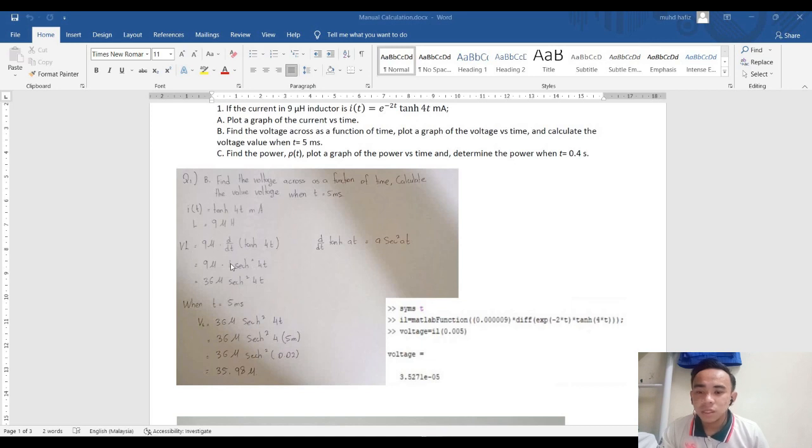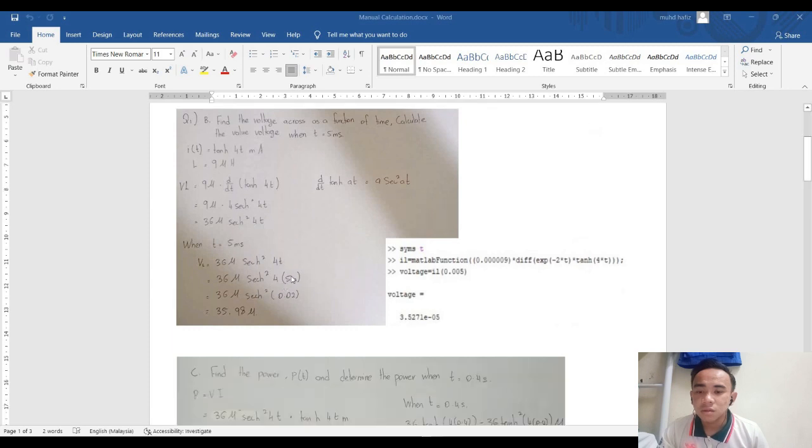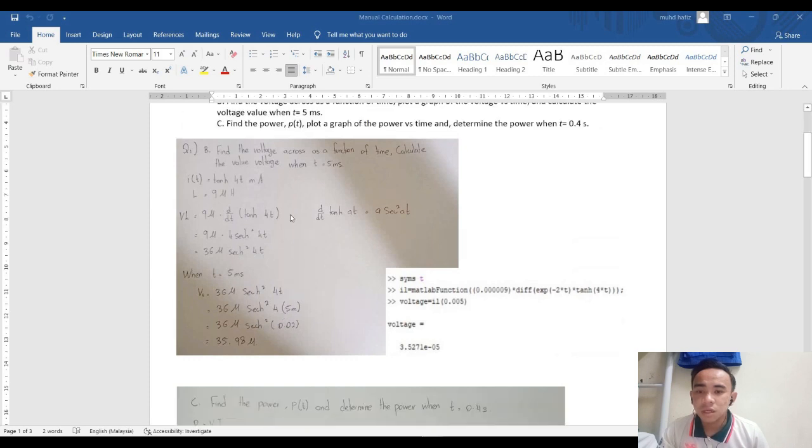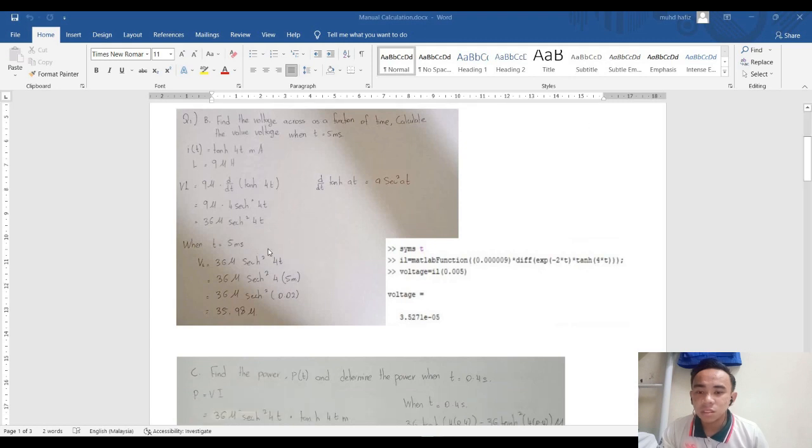So we multiply 9 micro by 4 sech squared 40t, and we get 36 micro sech squared 40t. So for the value of voltage when t equals 5 ms, we substitute t with 5 milli, and we get 35.78 micro.